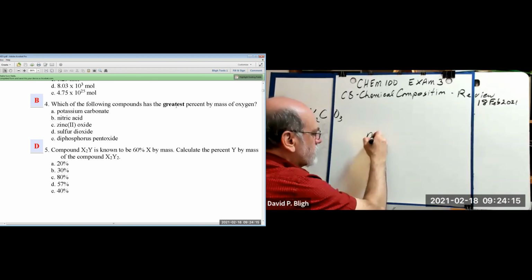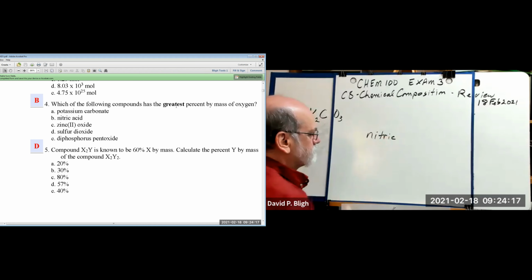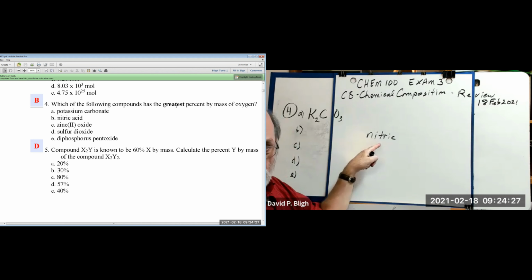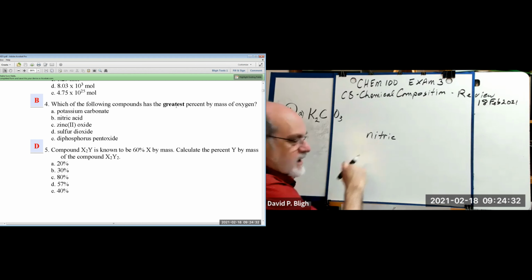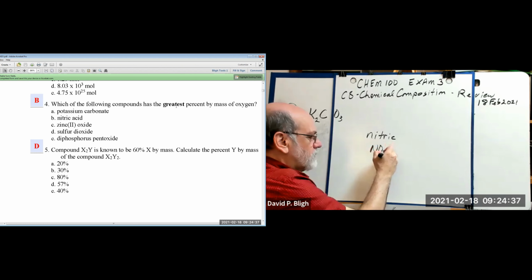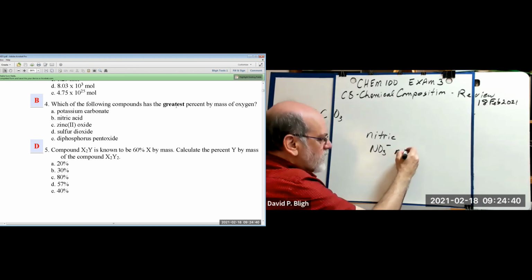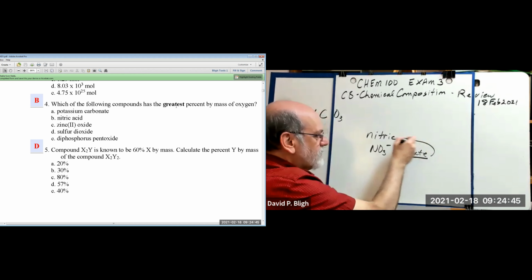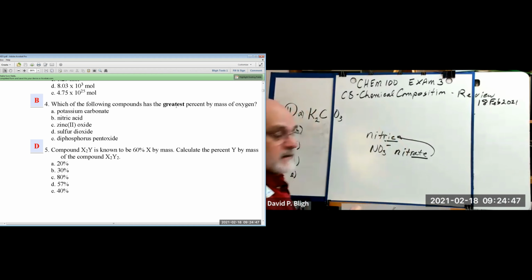If we say nitric, what do we know about that acid? It has oxygen in it because there's no hydro there. In that case, we look at the nitric and say, what is that derived from? It's derived from the polyatomic ion that has oxygen in it. That's the nitrate ion.